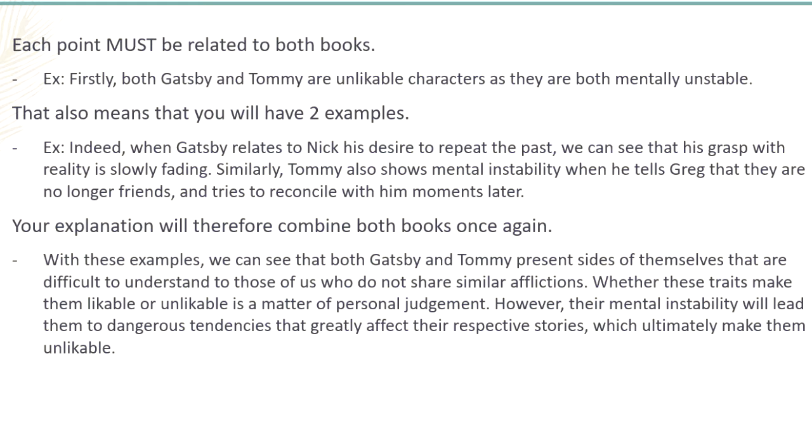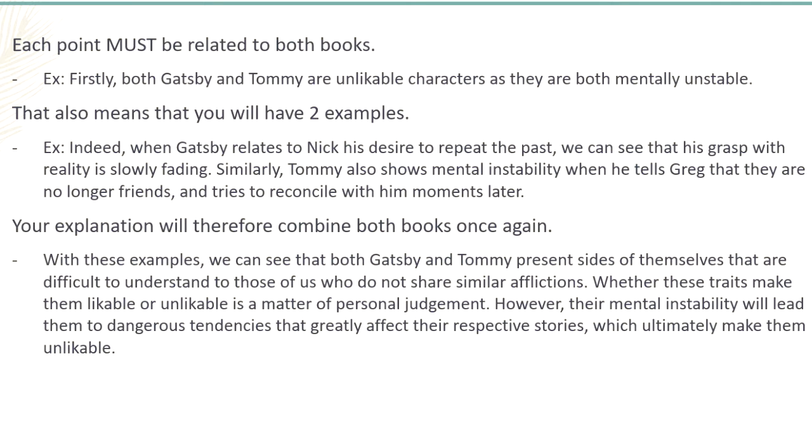I haven't started explaining yet why I'm using these examples, but they are clearly related to mental instability and to both books. My explanation would therefore combine both books again. With these examples, we can see that both Tommy and Gatsby present sides of themselves that are difficult to understand to those of us who do not share similar afflictions. Whether these traits make them likable or unlikable is a matter of personal judgment.